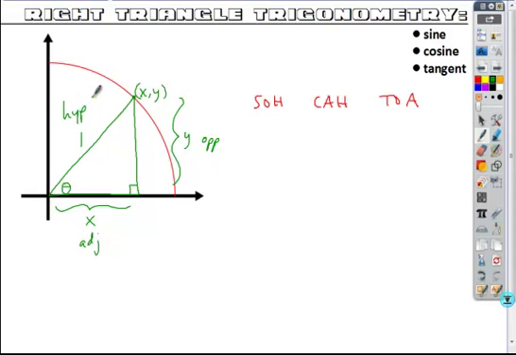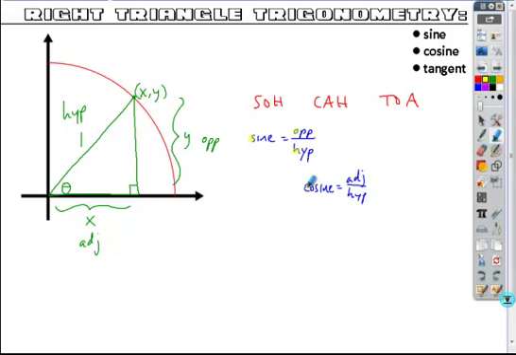And so when we're looking at the way that the SOHCAHTOA relationship is set up, what you should be able to see is, as far as the ratios go, that the sine of an angle is equivalent to the ratio of the opposite leg to the hypotenuse. And that's where the S, the O, and the H are derived. The cosine is the ratio of the adjacent leg to the hypotenuse.